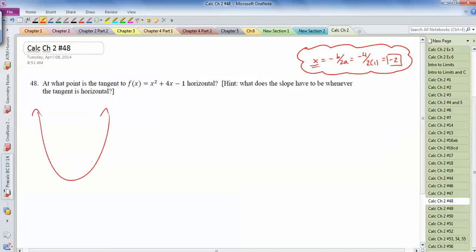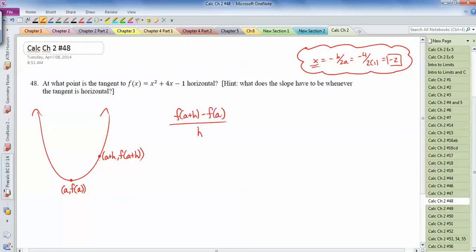And let's say that we want to figure out when the slope is 0. So we do know that the slope at a point a, f of a, and the point a plus h, f of a plus h, so a little bit off to the side, that slope is going to be f of a plus h minus f of a, all over h.